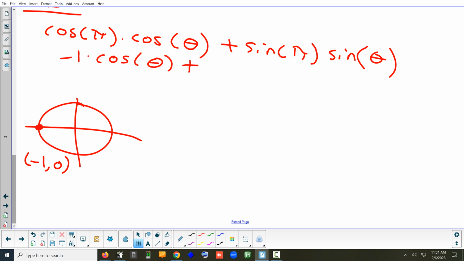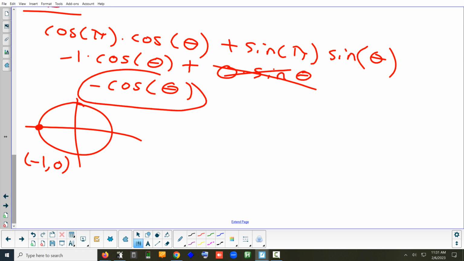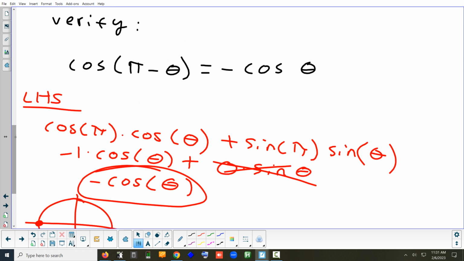Now sine of pi, sine is your y value. What's your y value? 0. So that turns into 0, and 0 times sine is 0. So this is gone. And what's negative 1 times cosine? Negative cosine, which is exactly what it was supposed to be.